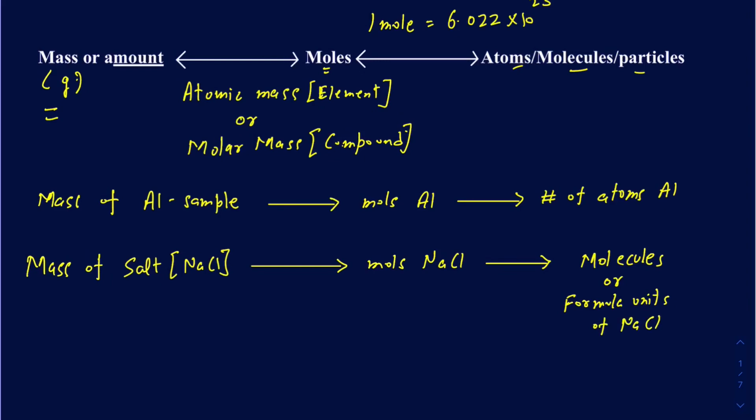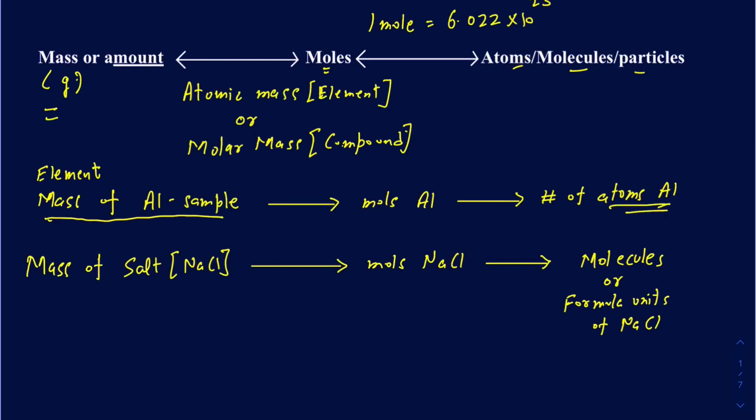Keep in mind I did not go straight to the atoms just like I did in the previous setup. That's because in the previous setup, you were dealing with an element. It was an aluminum sample, which means it was just an aluminum element. So when you're going from an element, you can go straight to the atoms of that element.